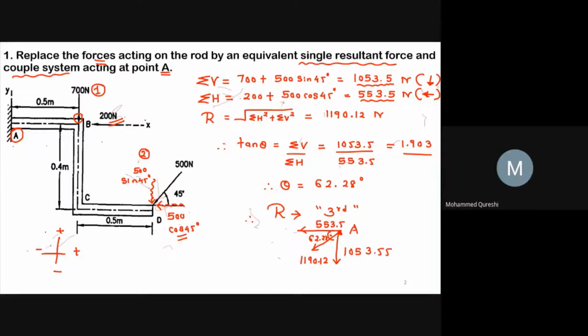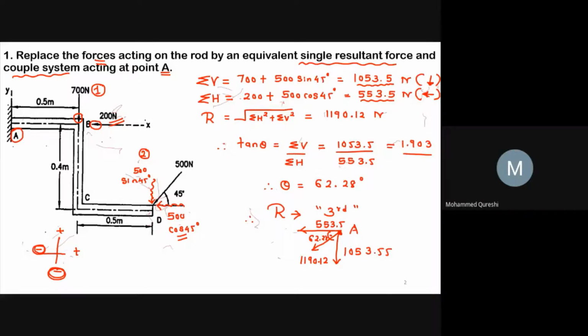This 500 cos 45 is going towards minus x-axis. This 200 Newton force is going towards minus x-axis. And this 700 Newton is going downward, that is minus y-axis. And this 500 sine 45 is going downward, that is over minus y-axis. Hence, I had simply denoted by this direction.